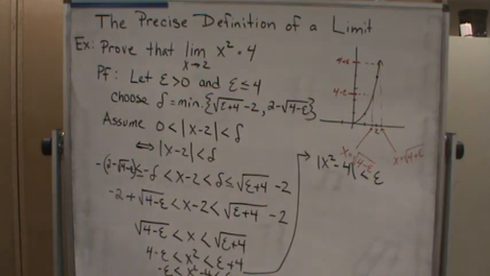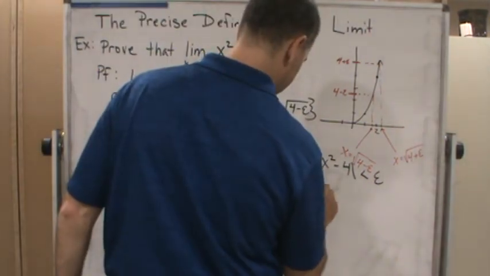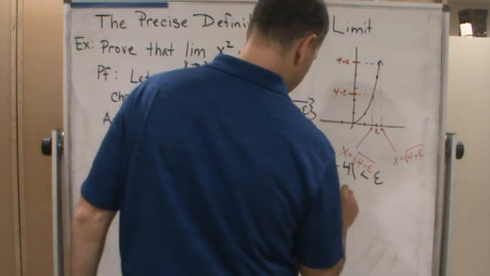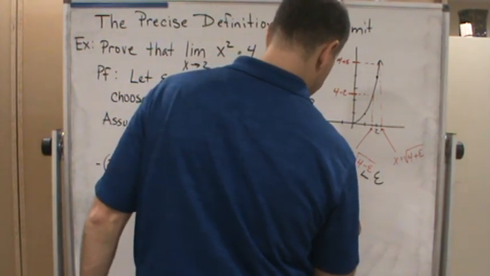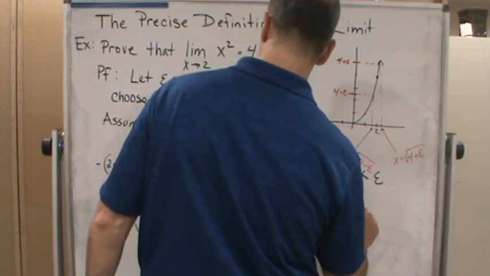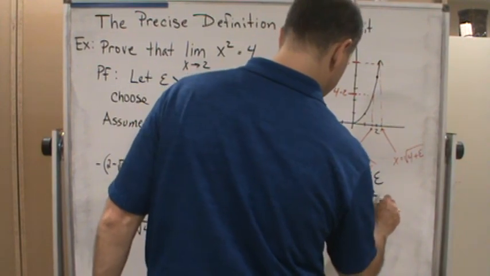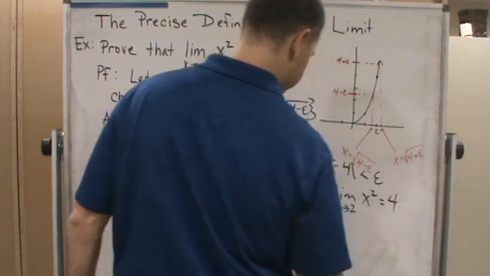And therefore, we're done. The limit as x approaches 2 of x squared is 4.